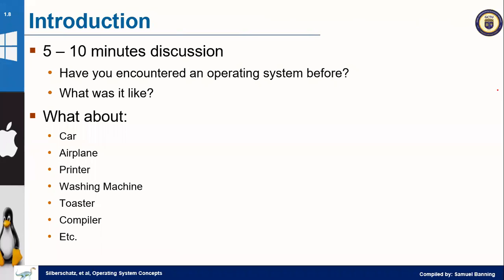And if they are computers, do they have operating systems in them? If you take a car, a trotro by the roadside, do they have operating systems on them? What about the washing machines that we use in our homes? What about the printers that we see, the remote controllers, the toasters? What about airplanes? Do they have operating systems in them?